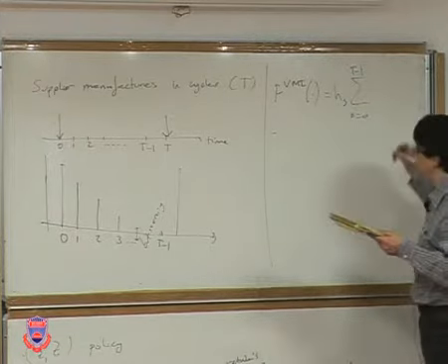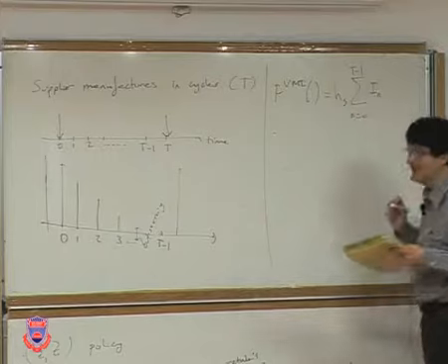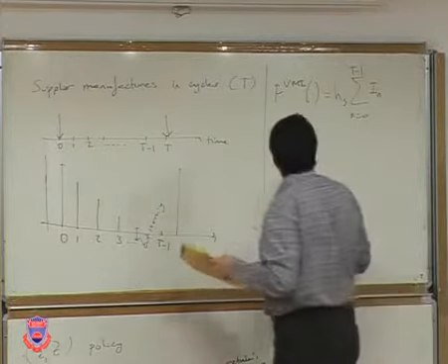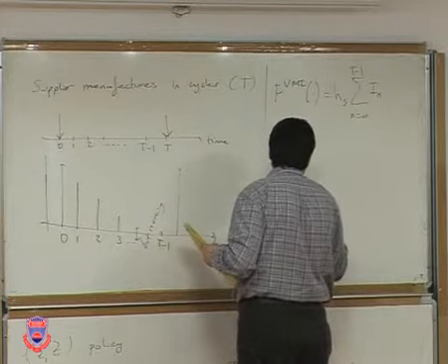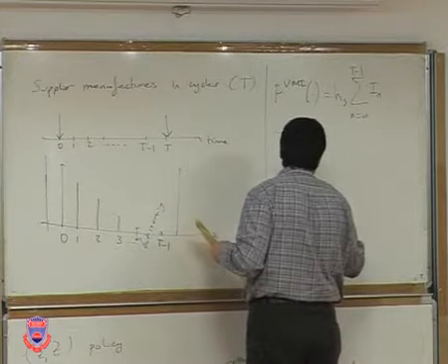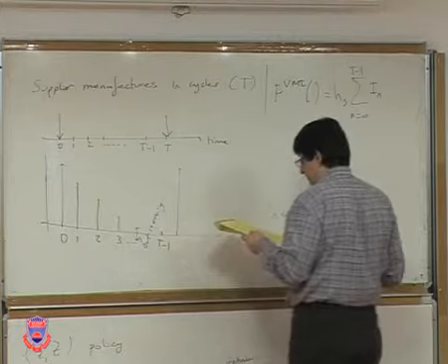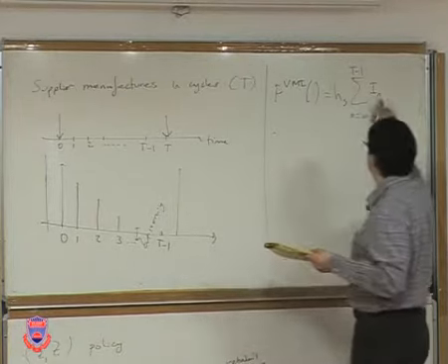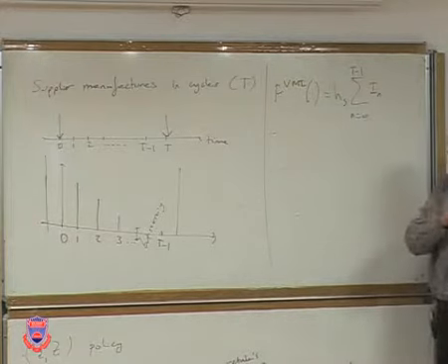Okay, and inventory, IN. So IN is the inventory level. Actually, I don't need to write that. You can understand that. It's the inventory at the end of the period.